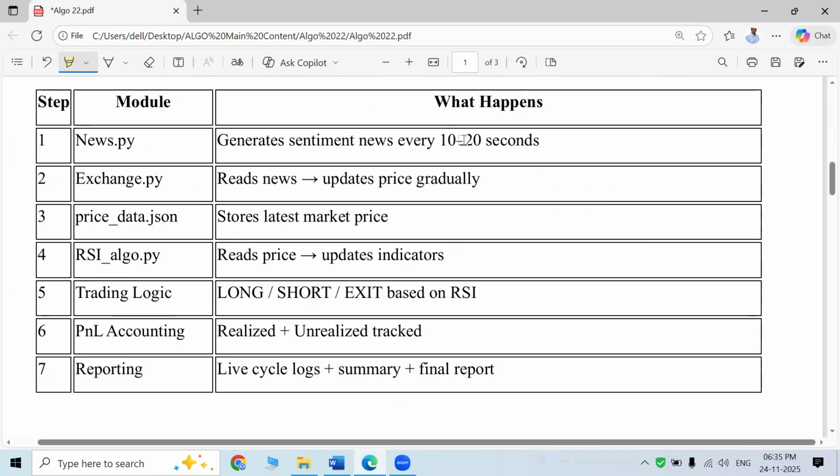We have a file called News.py which continuously generates the sentiments every 10 to 15 seconds. In the market, news may come sometimes every second, sometimes it does not come for years, and this news will be read by the exchange, and based on that the market behavior is going to change.